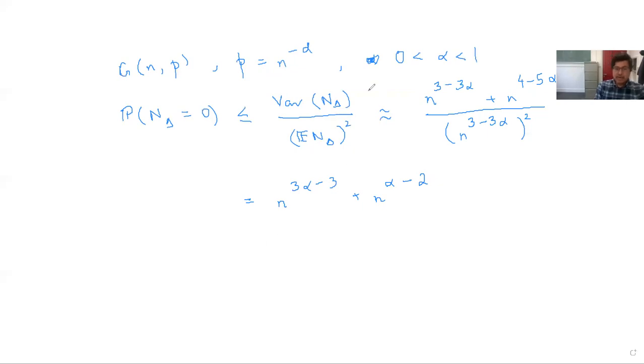Okay, and alpha is smaller than 1, so 3 alpha minus 3 is negative. So this is n to a negative power, which tends to 0 as n tends to infinity. And again here, alpha is smaller than 1, so alpha minus 2 is negative. And so this second term tends to 0 as well. So the whole thing tends to 0 as n goes to infinity, because the exponents on n are negative.